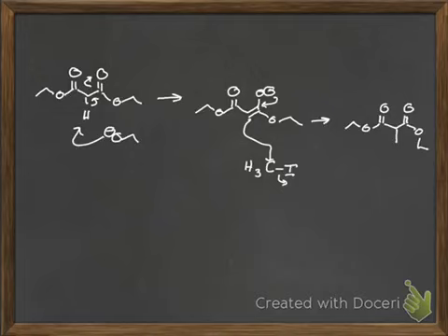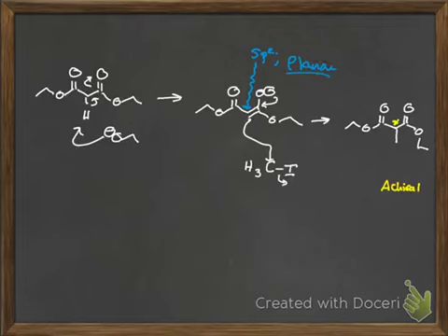Now, what I have to point out is this carbon is achiral. That is not a chirality center. And here's why. If you look all the way back over here to this carbon, which is your nucleophile, you'll see that that is sp2 and therefore planar.